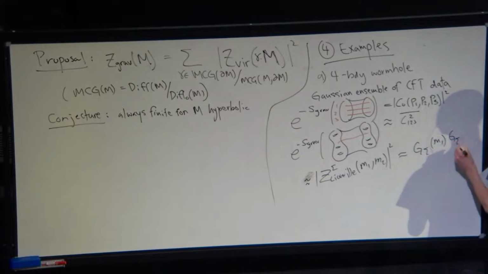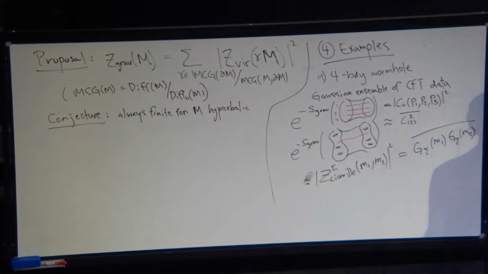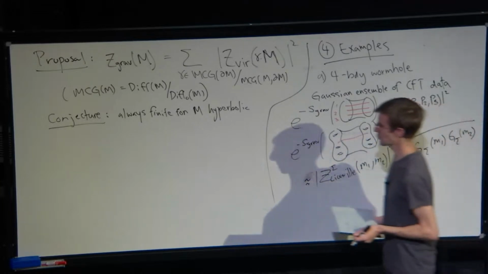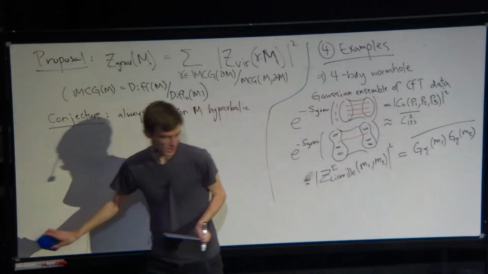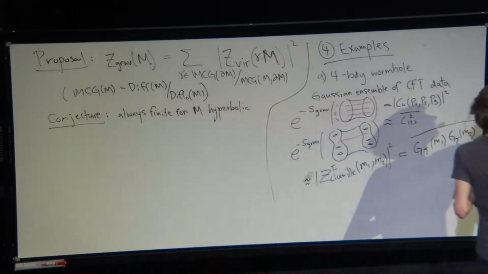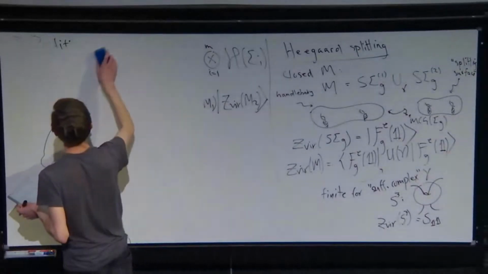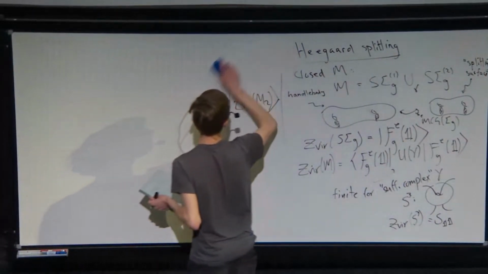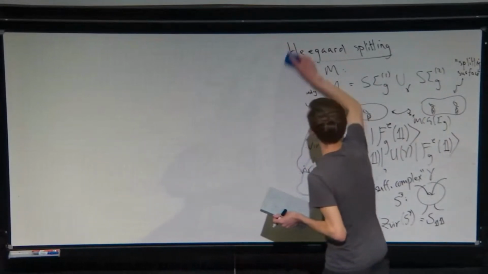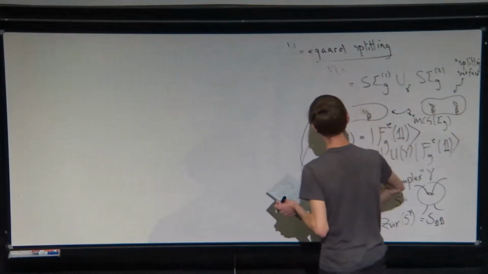Let me call this G of sigma, the correlator on sigma in the CFT, in this Gaussian ensemble. Now, this ensemble was only crossing invariant on average. And it was clear basically from the beginning that there were non-Gaussianities needed in order for internal consistency of the whole story. But we had no clue how to compute them in gravity.